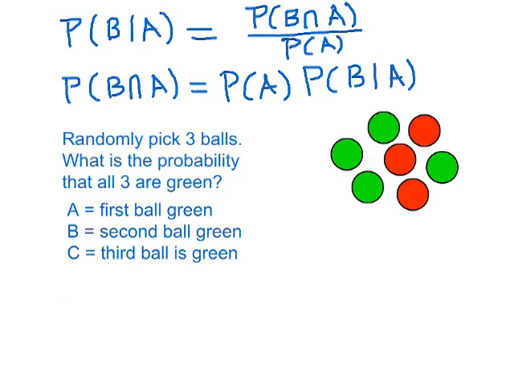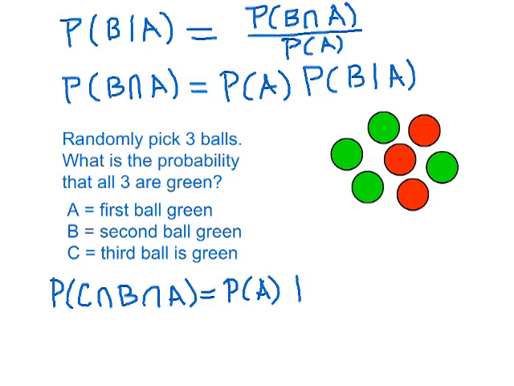And this is the way it would look. It would say the probability of all 3 things happening is the probability the first thing happens times the probability the second thing happens if we know the first thing happens, times the probability of the third thing happening if we know that both of the first 2 happen.